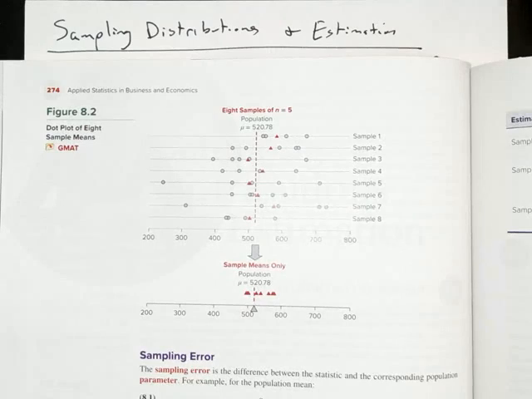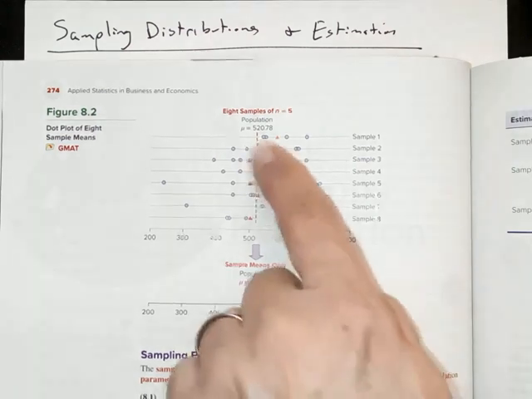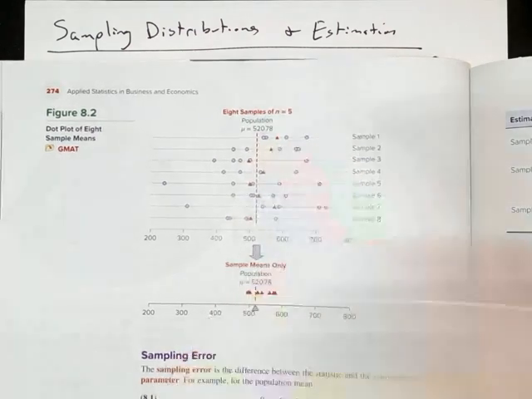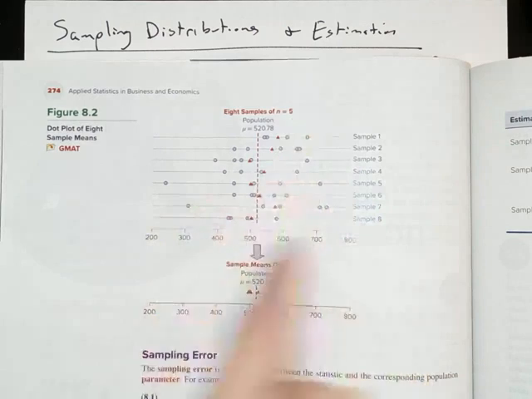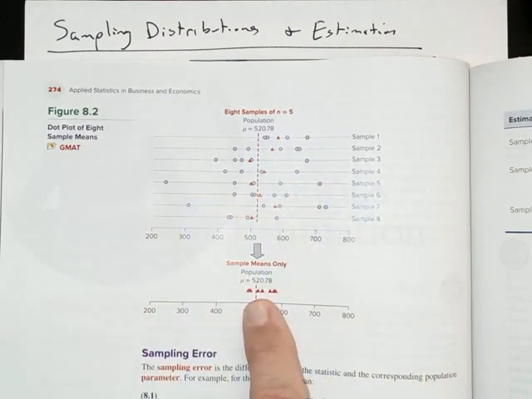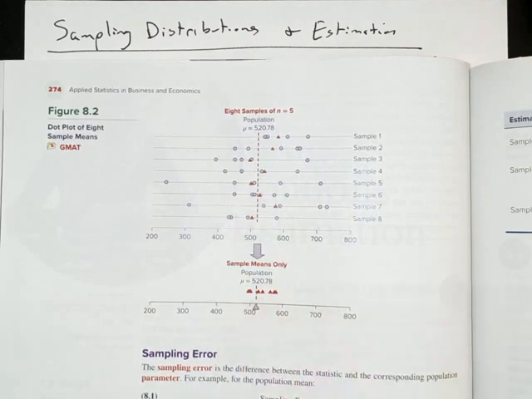Please notice, each row of this upper picture is a set of 5 dots. And then I put a little triangle where the average of those 5 numbers are. So even though the individual scores vary pretty widely, when I look at the averages they cluster up a little bit more, don't they?